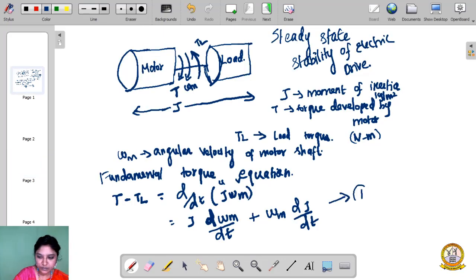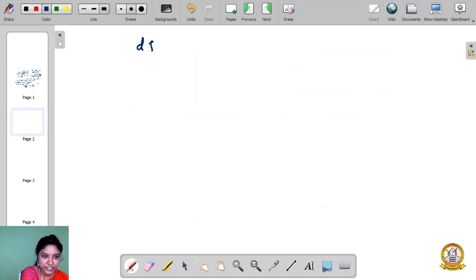Take this as equation 1. This equation 1 is applicable to variable inertia drives such as mines and industrial robots. Now, if we consider the inertia to be constant, then dJ by dt equal to 0.